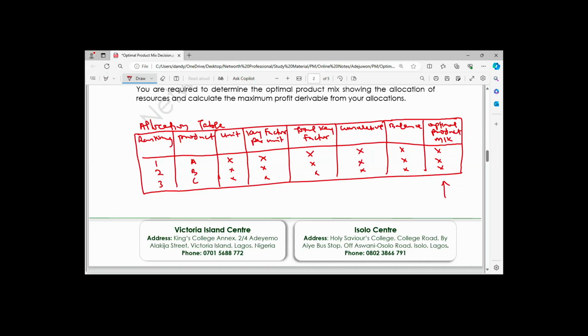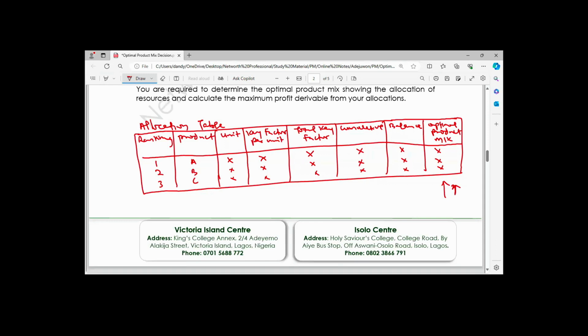And I said that where you are given minimum allocation, there will be 2 categories of your production plan. One is your initial allocation, because if you are given minimum allocation, whatever units you want to produce under that minimum allocation will be your first production plan. Then the second one will be an addition, which, using this table, whichever one you have in the last column of this table will represent your optimal production mix.